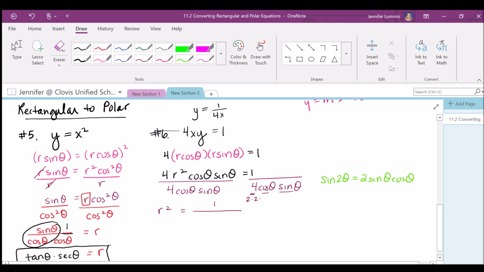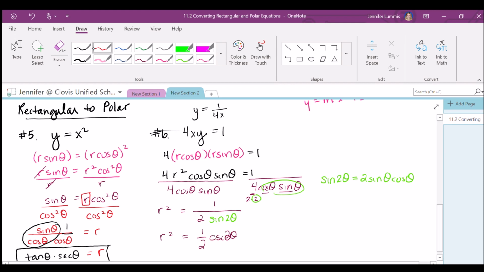So if I just take one of those 2's along with my sine and my cosine, I can actually replace that with sine 2 theta, and then I just have a coefficient of 1/2 there. And then I can do even better than that and leave this 1/2 and bring sine to the numerator. So it becomes cosecant 2 theta.